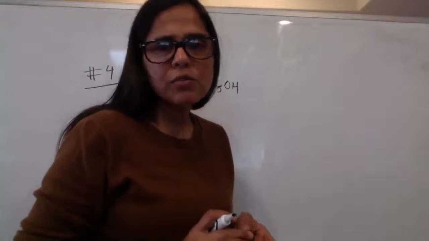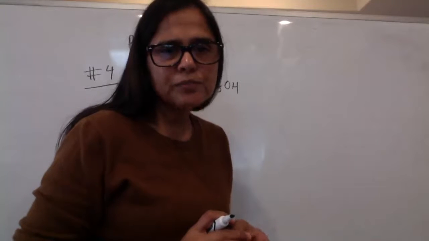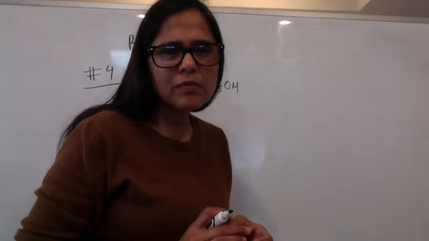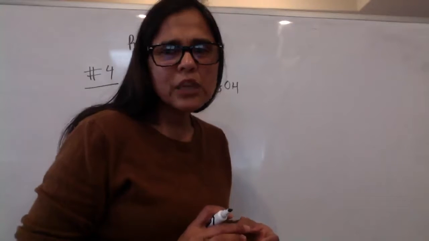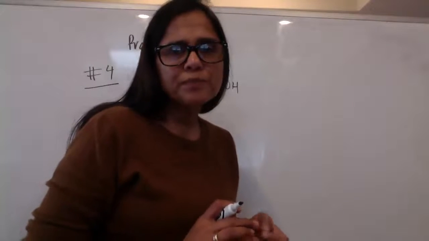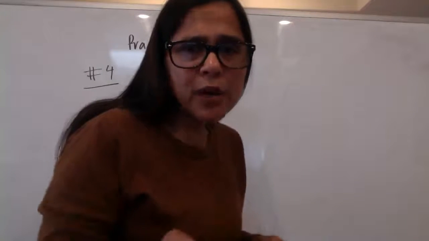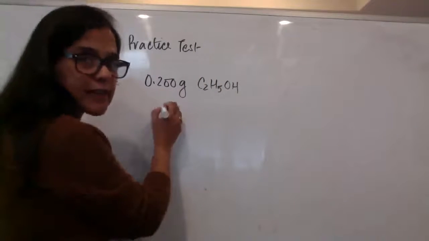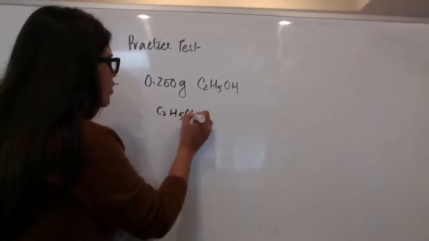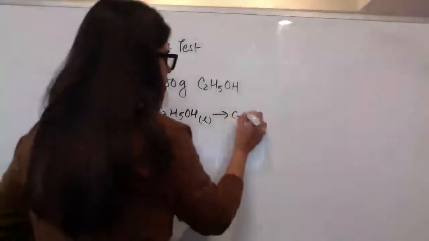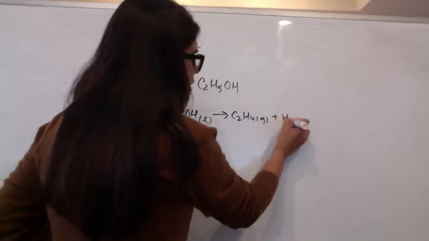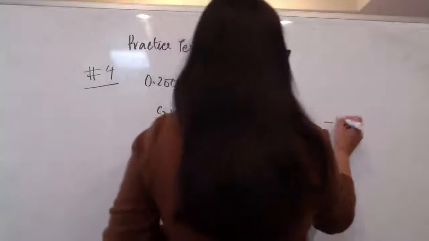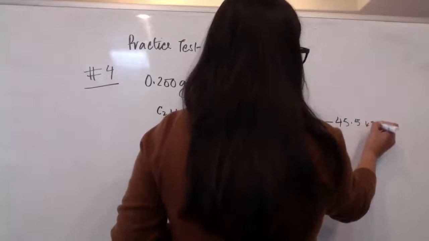The student heated the test tube once it evaporated. So in this problem, they say when you make 1 mole of ethene, it is C2H5OH liquid gives you C2H4 gas plus H2O gas, I think. Yeah, and it's negative 45.5 kilojoules per mole.